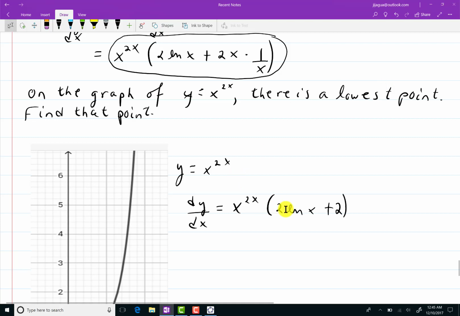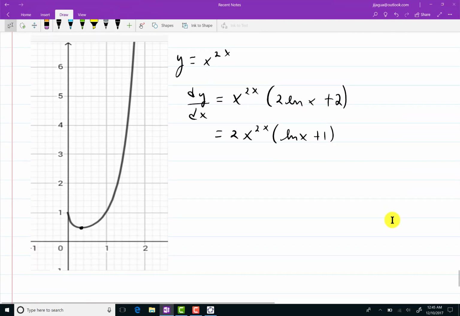Then, just to make life a teensy bit easier on me, I'm going to take the 2 out front and have 2x to the 2x times ln of x plus 1. Set that equal to 0. So 2x to the 2x times ln of x plus 1 equals 0.